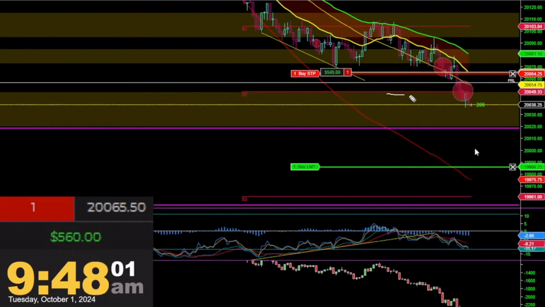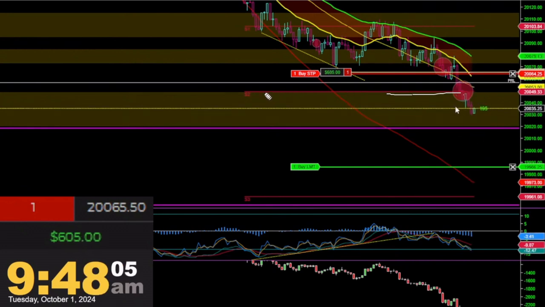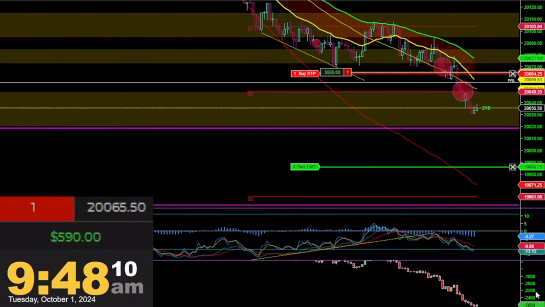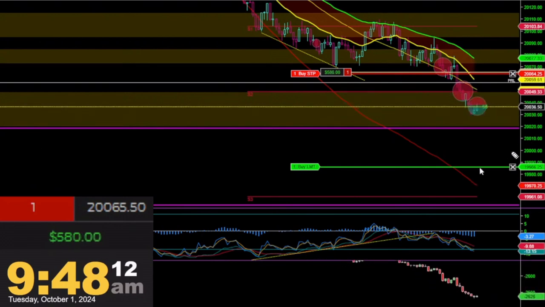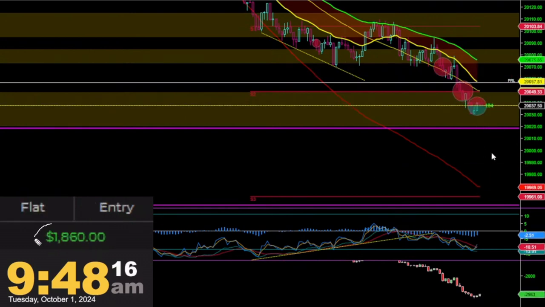I'm keeping an eye on this level here, because this is a very strong level, very important level. This is pivot point S2. I might take, yeah, after that sign I might just close it, which I did. $1,800.